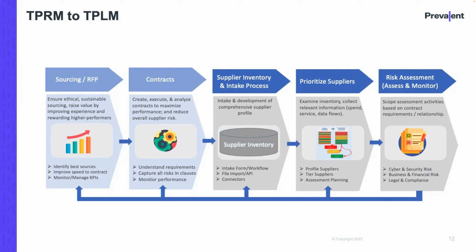You transition over there to the contract stage, moving forwards to supply inventory and intake process, then prioritizing the suppliers before finally conducting your risk assessments for analysis. Now, this is more of the upfront journey, but historically, we have seen people tend to segment some of the compliance and regulatory requirements on the tail end in the risk assessment piece.